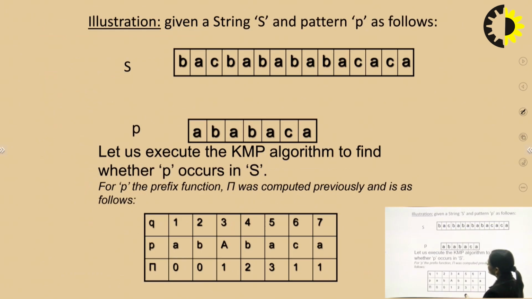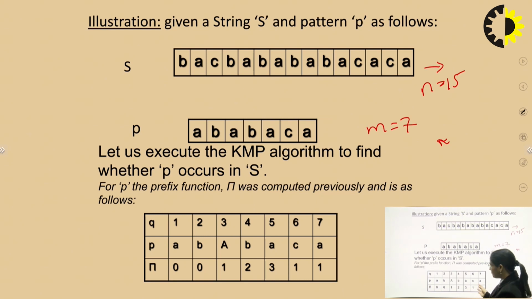So this is the example for KMP matcher. Here, this is the string given and this is the pattern given. We know that the length of the string is 1, 2, 3, 4, 5, 6, 7, 8, 9, 10, 11, 12, 13, 14, 15. So the value of n is equal to 15 and the value of m is equal to 7.